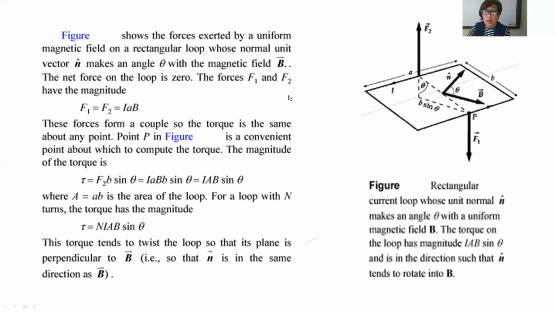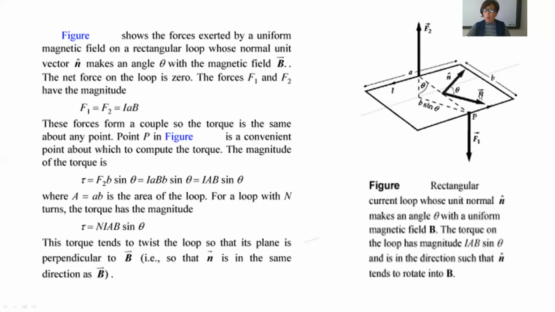And here it's true. The figure shows the forces exerted by a uniform magnetic field on a rectangular loop, whose normal unit vector n makes an angle theta with the magnetic field B. Here theta is the angle between the n vector and the magnetic field.